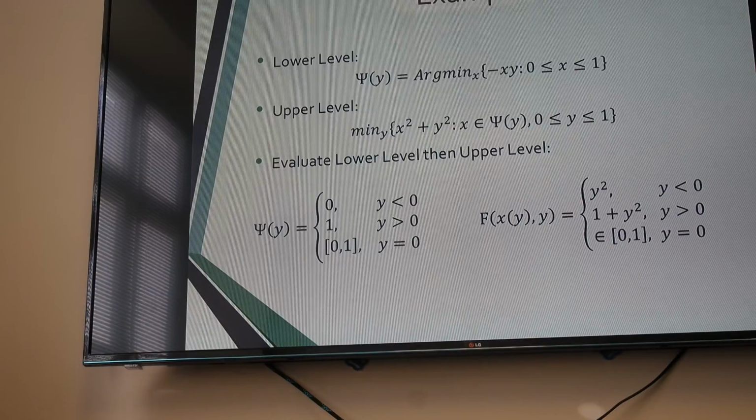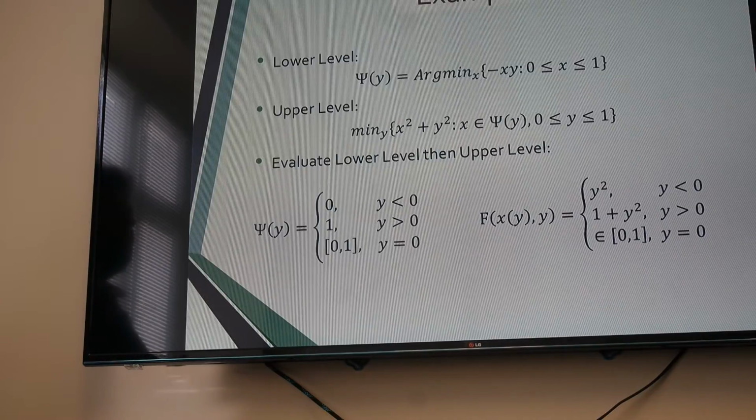What I understood from my readings is that the lower level problem determines the optimal x's for all the y's. Okay, so it's like the best of the best. It will be clearer when you see some real application. Let's wait to see some real application, then things will be more clear.